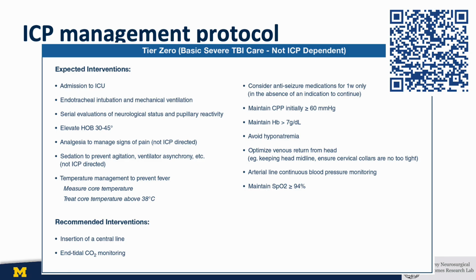Any support line staff, nurse, resident, or critical care provider can do this right off the bat. It involves evaluating and protecting the airway, evaluating the neurological exam, maintaining the head of bed at 30 to 45 degrees, analgesia appropriate for the patient, temperature management, adequate lining of the patient, and maintaining normal hemodynamic parameters.